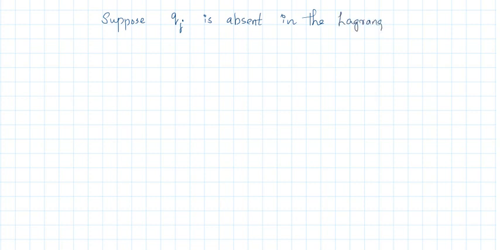Consider one such situation. That is, the Lagrangian can be written as a function of Q1, Q2, etc., Qj minus 1, then Qj plus 1. There is no Qj.